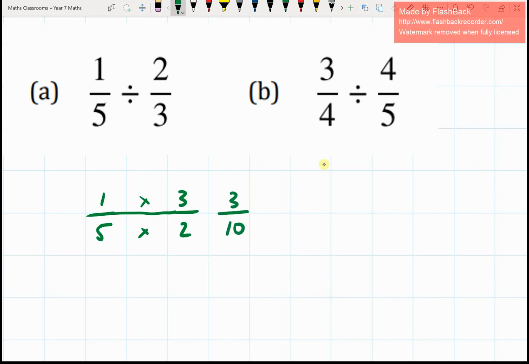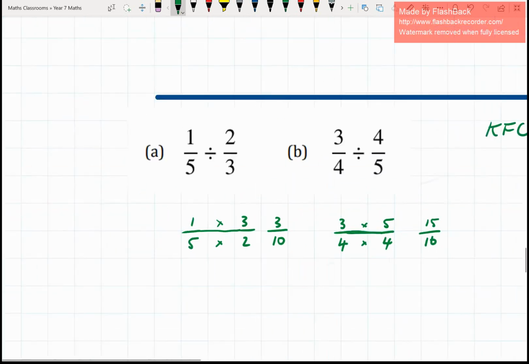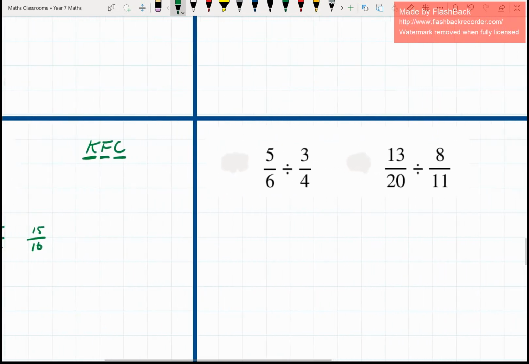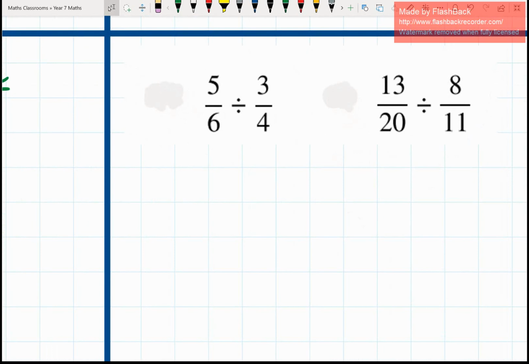The next one, we keep, we flip, and we change. And again, I can rewrite. And these don't cancel each other out, so I'd have 15/16. So, keep, flip, change. KFC. Give these next 2 a go, please, and come back when you think you got it right.